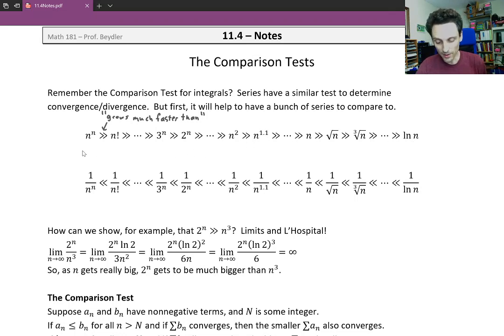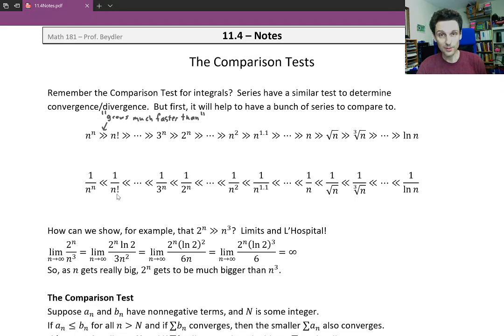Now if you flip all of these, which is mostly the way we're going to be looking at them in terms of series, because the terms of the series have to shrink down to 0, and these things are not shrinking down to 0, they're blowing up to infinity. But if we flip all of them, so write 1 over n to the n, 1 over n factorial, and so on, then what we've got is the reverse situation. 1 over n to the n shrinks a lot more quickly than 1 over n factorial.